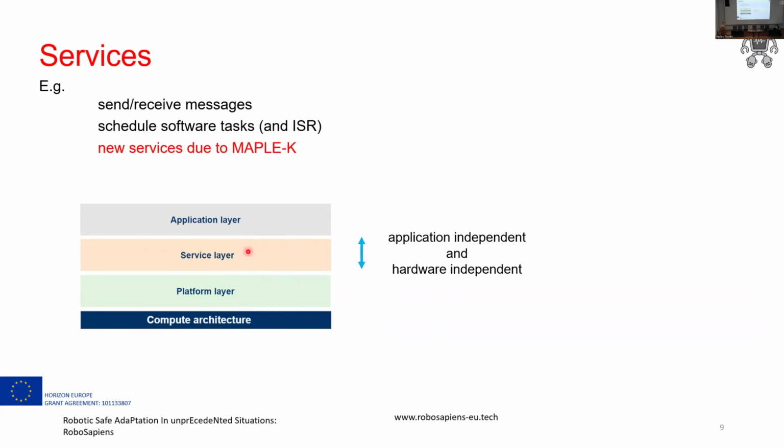Very simple services, not only for this project but widely used, are send or receive messages. The application wants to send a message to another computer or wants to receive a message from a sensor, for instance. So those are typical services that are located in the service layer.